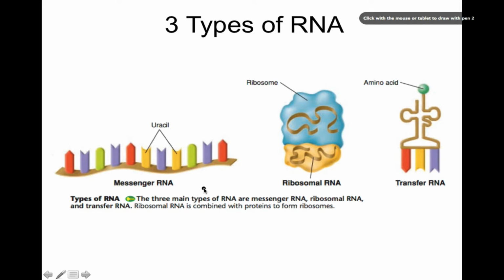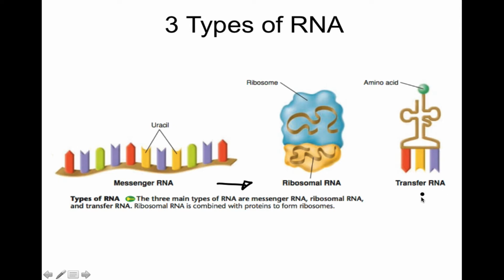So it's going to carry the code from DNA in the nucleus to the ribosome. And the ribosomes are located in the cytoplasm of the cell, and the ribosome is going to be responsible for reading this code.